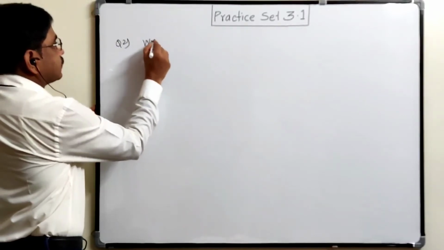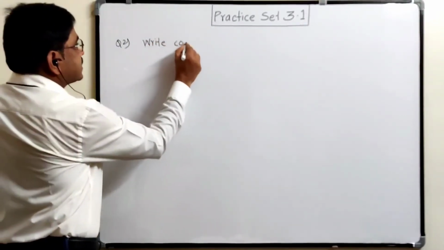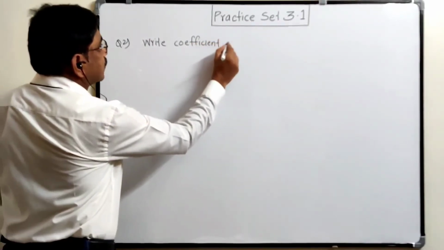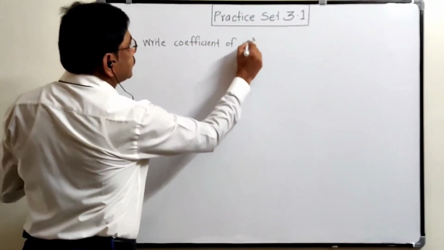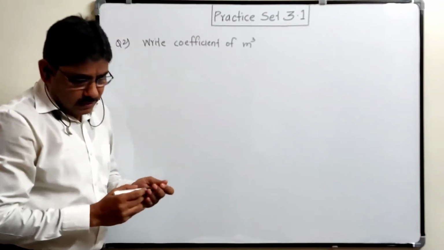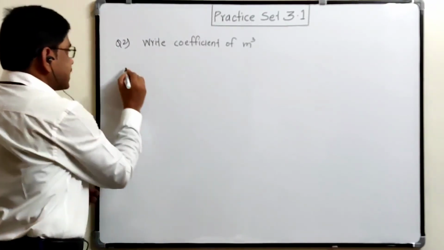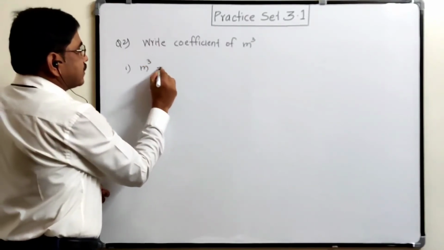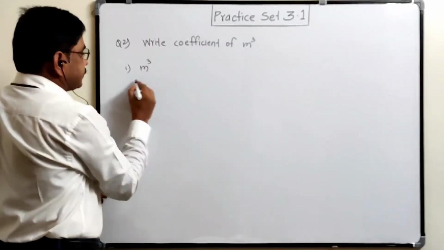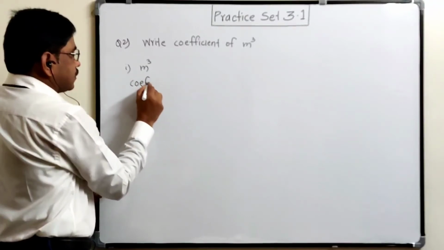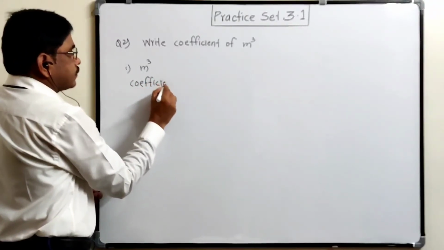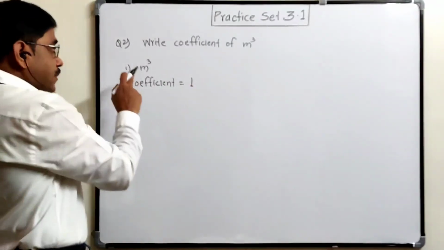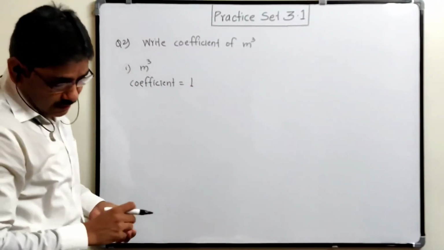Write the coefficient of m cube in the given polynomial. So first example is m cube, then the coefficient is 1 because m cube, the number is not there, means 1.